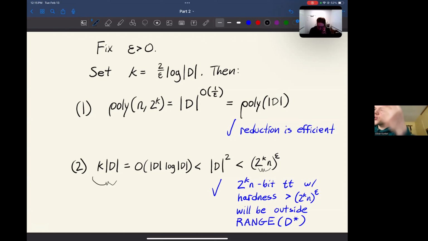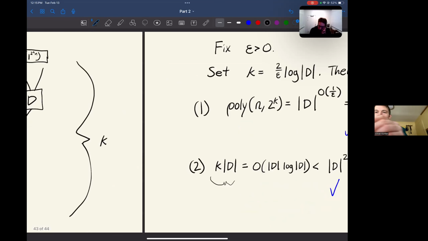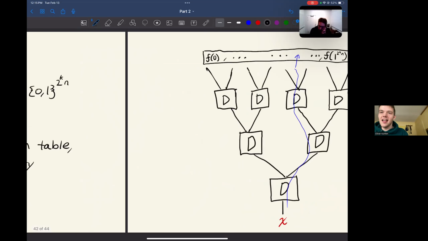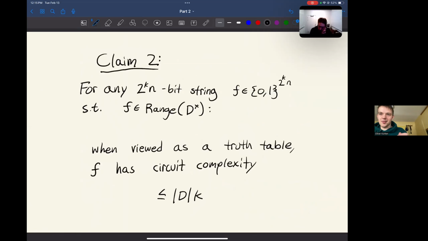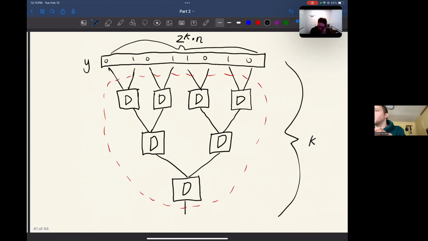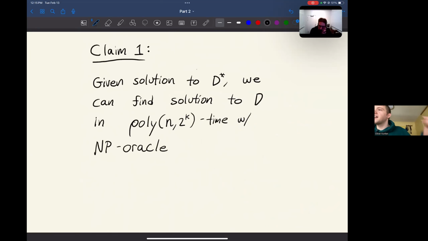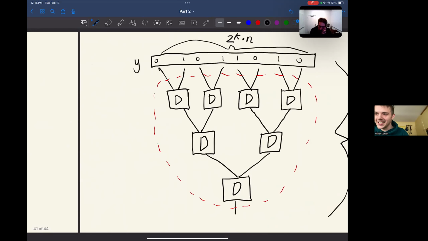So if I'm able to produce these high complexity truth tables, then necessarily they solve this d star instance of range avoidance. And then by this other claim, where was it here? If I have any solution to this d star instance, I can use it to find a solution to the original d. But I need to use that NP oracle. So that's the idea of that proof.